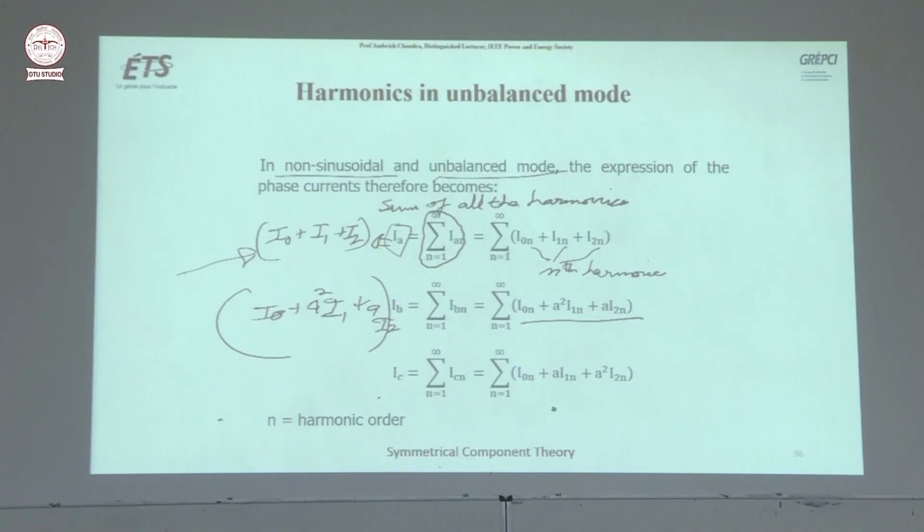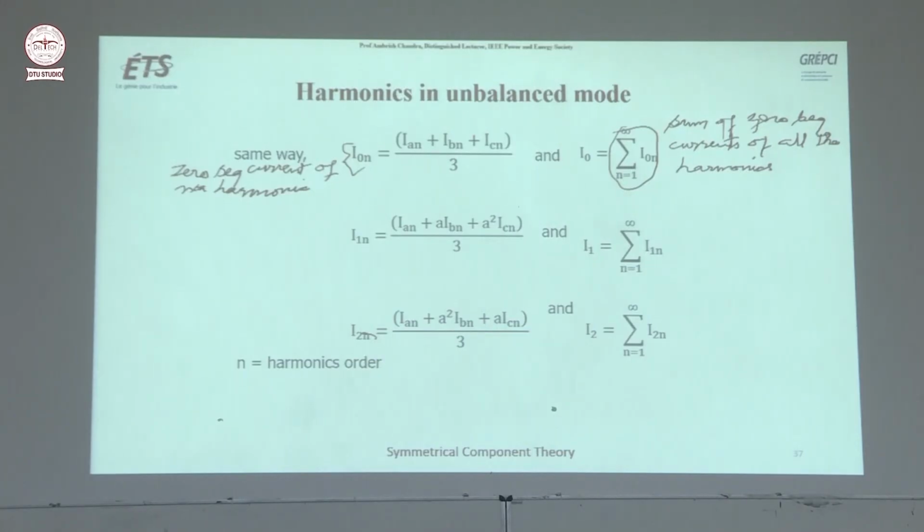Only thing we have done, we have put in the harmonics: fundamental, second, third, fourth, all the harmonics. So this is basically the sum of all the harmonics. This is how we can represent the IA current in phase A, which includes all the harmonics. You can represent it this way because the currents are unbalanced. Same way, IB you can represent by this, and IC you can represent by this.